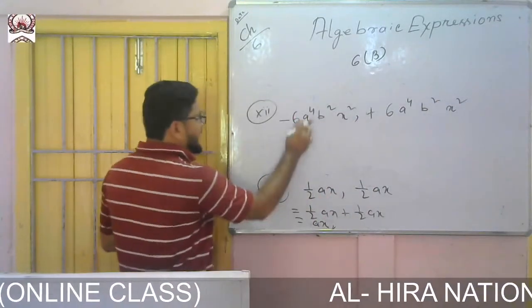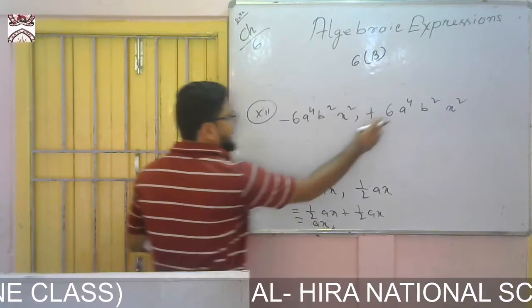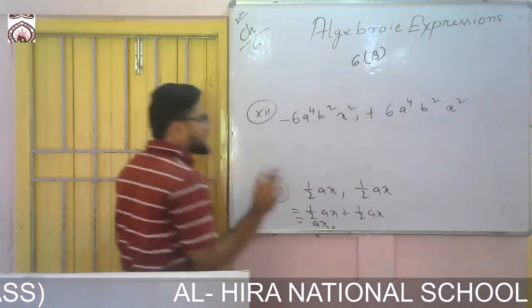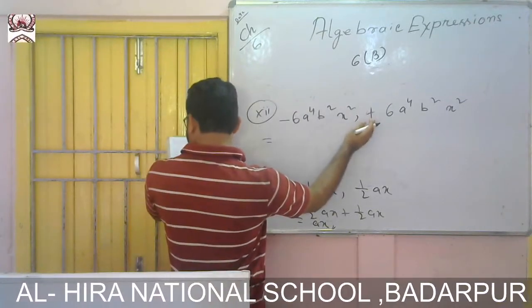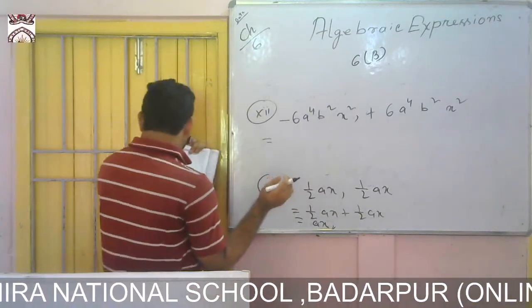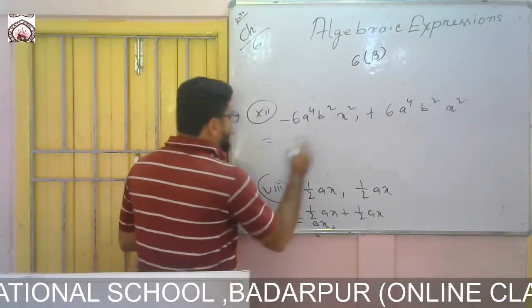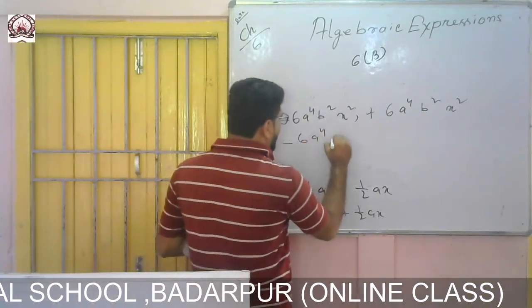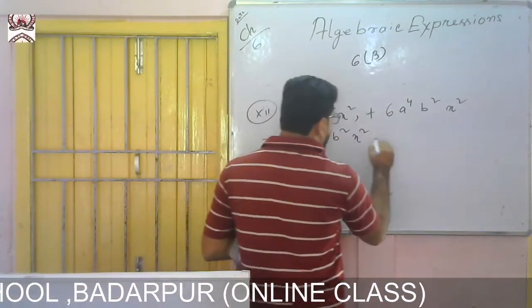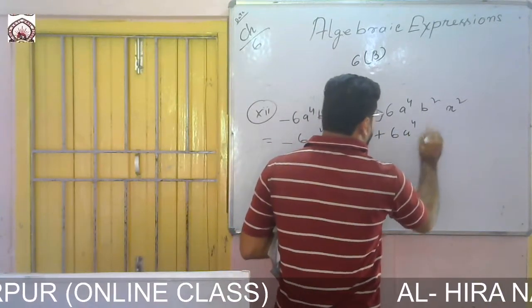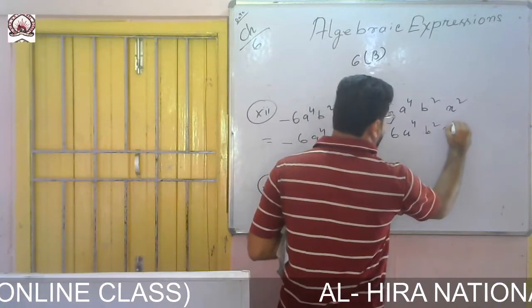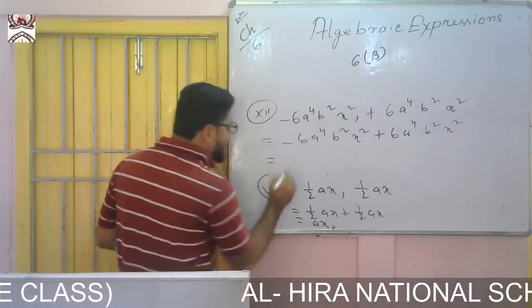So you see a to the power 4 b square x square, and a to the power 4 b square x square. It is a like term. So now we need to add it. So minus 6 a to the power 4 b square x square, then plus 6 a to the power 4 b square x square.